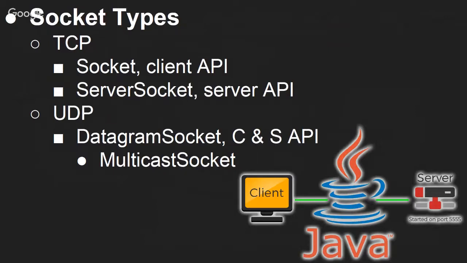TCP transmissions are sent in a sequence and they are received in the same sequence. So the same order in which you send messages from the client to the server and vice versa is the order in which they will be received. It doesn't matter if one message comes before another, the socket will order them to show you all the messages in the right order. TCP is connection oriented.